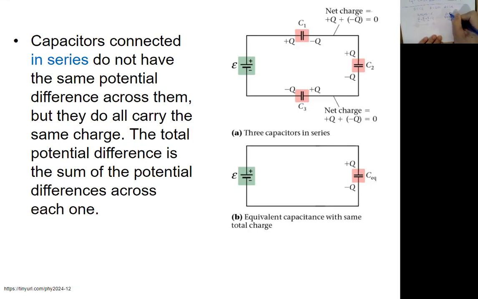So with C equivalent, epsilon is equal to Q over C of EQ. Taking this into the expression, you get Q over C1 plus Q over C2 plus Q over C3 equals Q over CEQ.